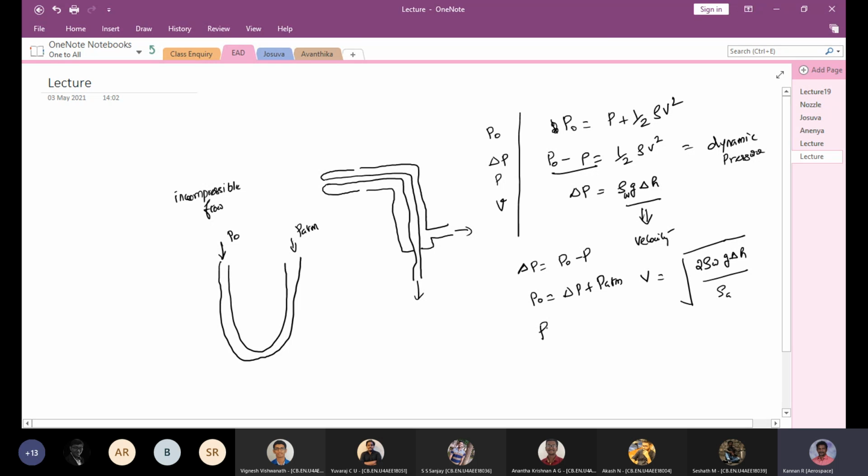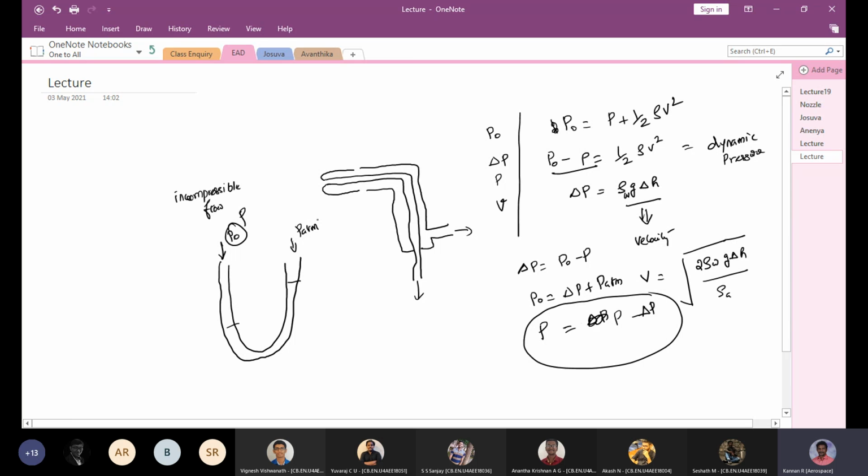In the same way, I can calculate my static pressure if I connect the static tube instead and open the other end to atmosphere. The change in delta P is nothing but rho g delta H, and using that you can calculate P, that is P atmosphere minus or plus delta P, depending on how much change there is in your delta H variation, whether this side or that side.